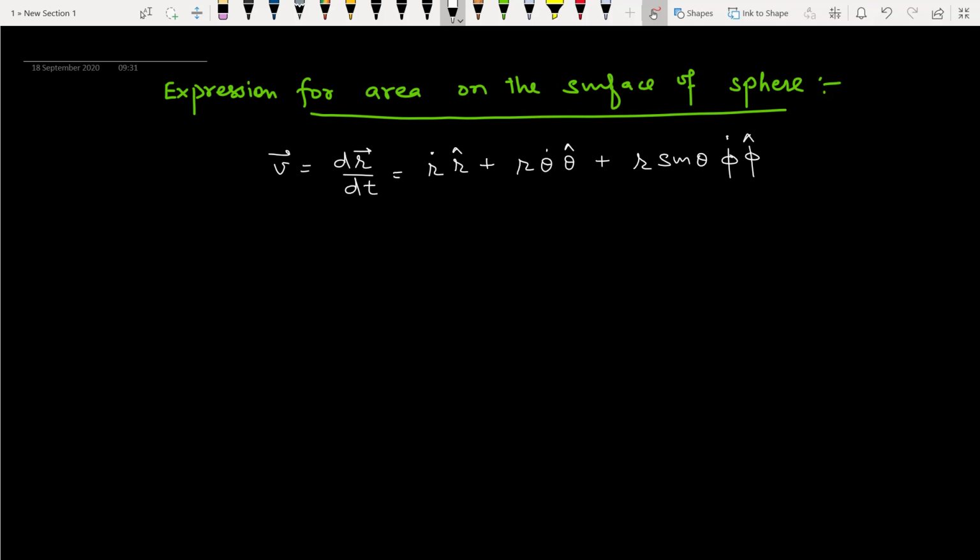In the previous lecture we derived this expression for velocity, so we can rewrite it. r dot can be written as dr by dt, theta dot as d theta by dt, phi dot as d phi by dt.